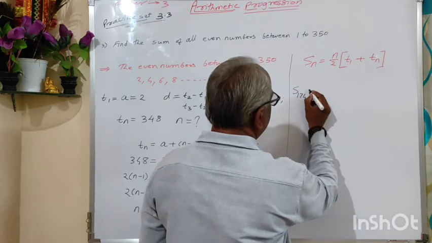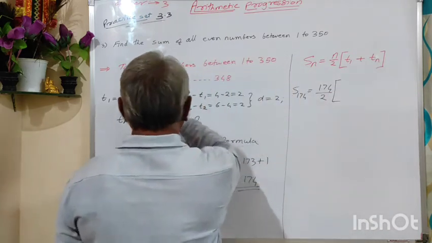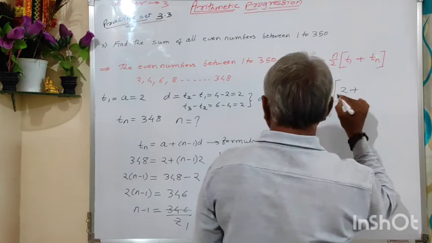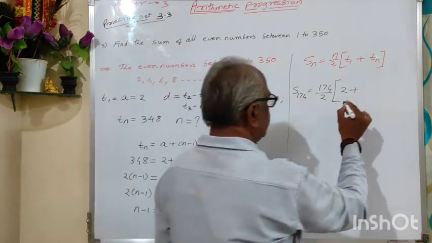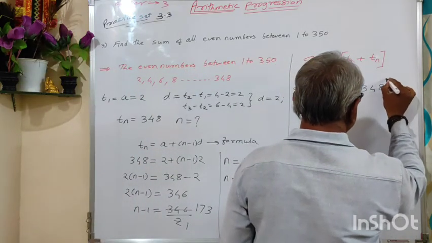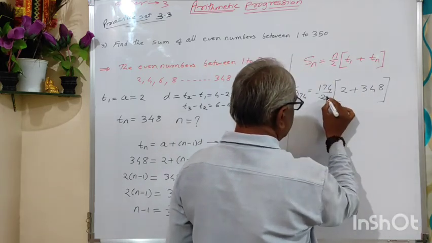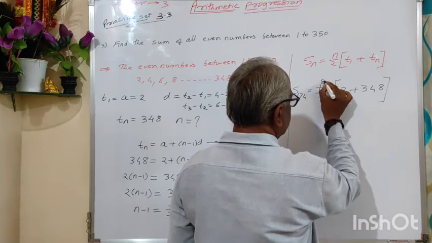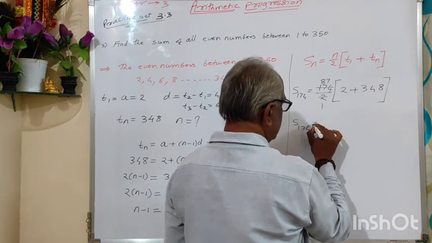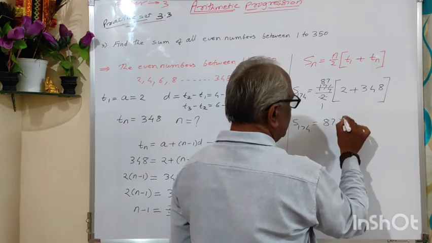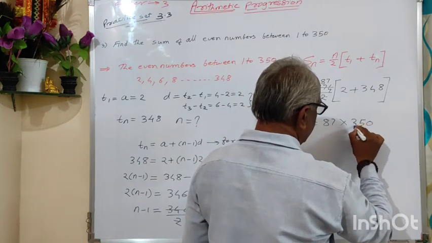S174 is equal to 174 upon 2 in bracket T1 is 2 plus Tn is given, that is 348. Here the cancellation is possible, so we are doing the cancellation. 2 ones are 2, 2 8s are 16, 1 remains, 2 7s are 14. S174 is equal to 87 into, add this now, 2 plus 348 is 350.